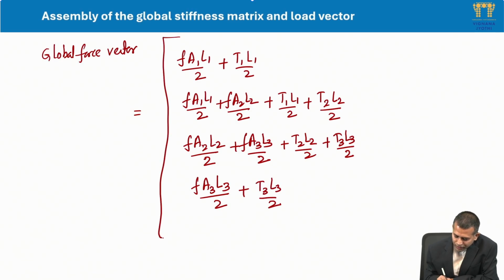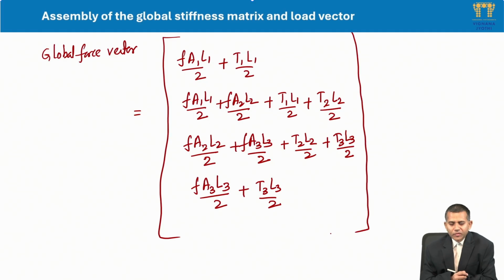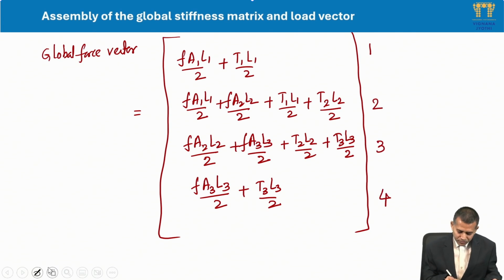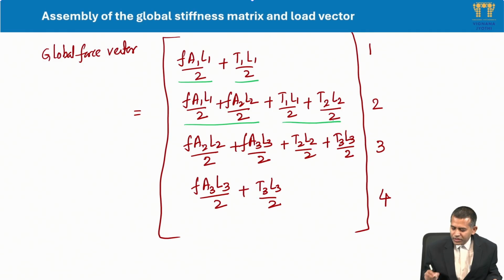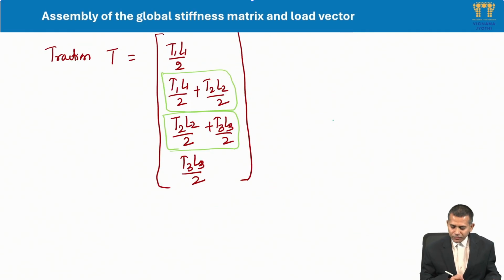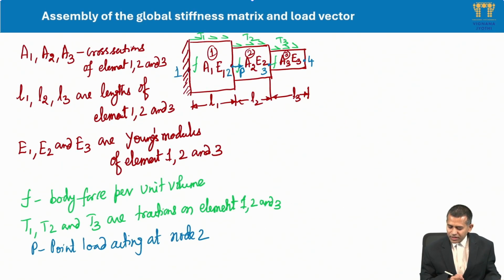So this all together is nothing but your body force and tractions. These are the total forces at node 1, and these are at node 2, node 3 and node 4, and I already told you, these two are because of body force and these two are because of tractions.